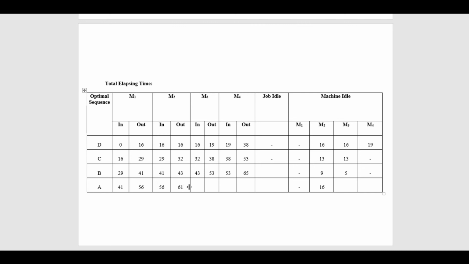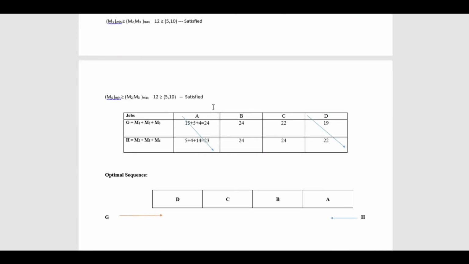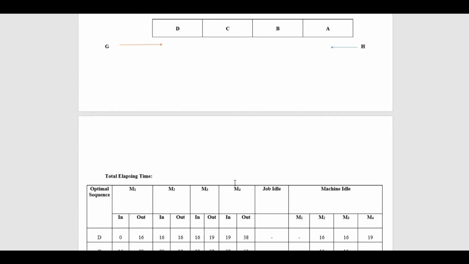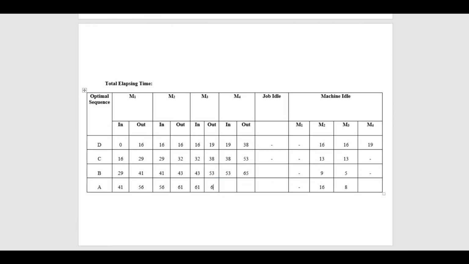So after the 61st hour it will be loaded into machine 3, but machine 3 is available from the 53rd minute onwards. So machine 3 should be in idle condition up to the 61st minute. So machine 3's idle time will be 61 minus 53, and the processing time will be 4 hours. So 4 plus 61 will be 65.